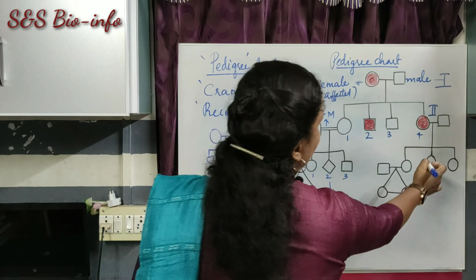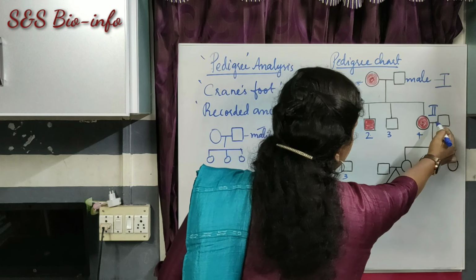Here, this girl is married to a man from another family, and they have 3 children. So 1, 2, 3, 4, 5, 6. They are in the third generation of this particular family.